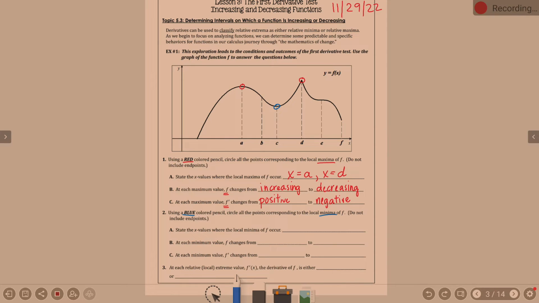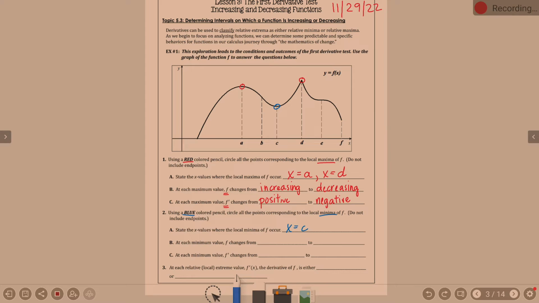Where else? Okay, so state the x values where the local minima of f occur. I thought we included the endpoints. No, not for what we're doing right now. When we talk about the extreme value theorem, and a graph being continuous, we do, but not for what we're looking at right now.